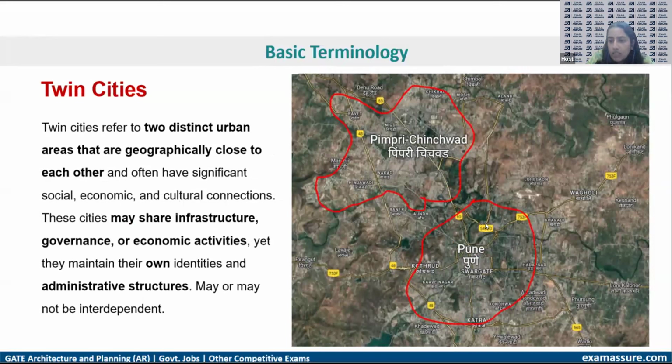As for the size of these cities, in satellite towns, one was a large city and the other was a smaller city. Whereas in twin cities, like twin children, both are of the same size, same age. Similarly with twin cities, both are almost equal or similar in size in terms of administrative setup.